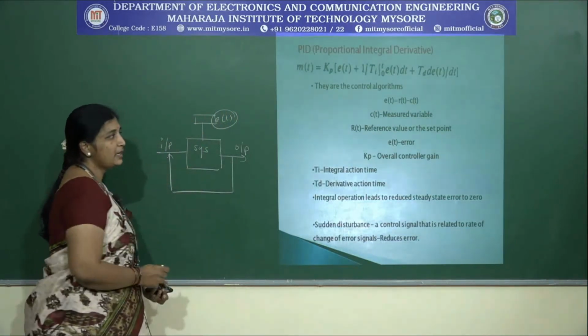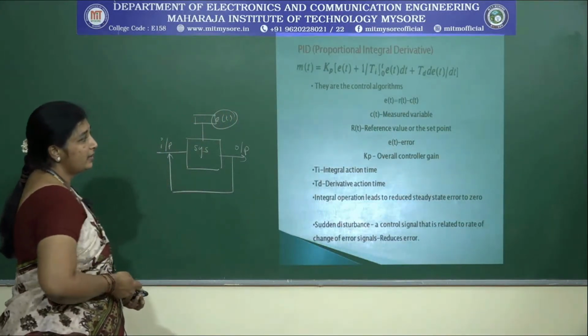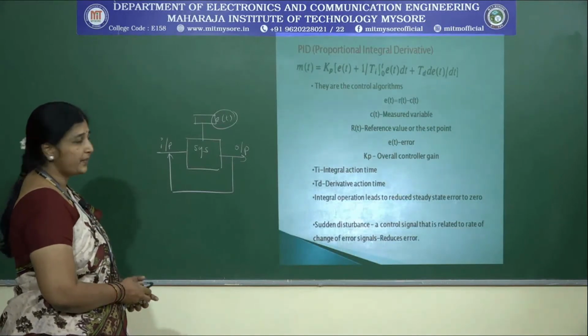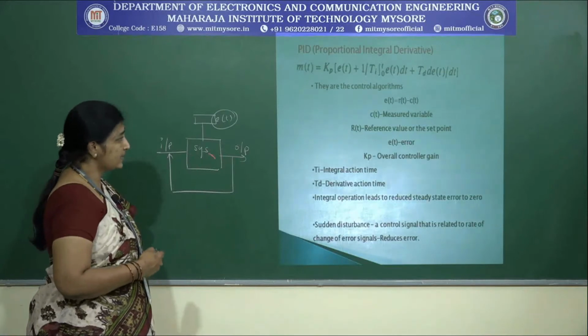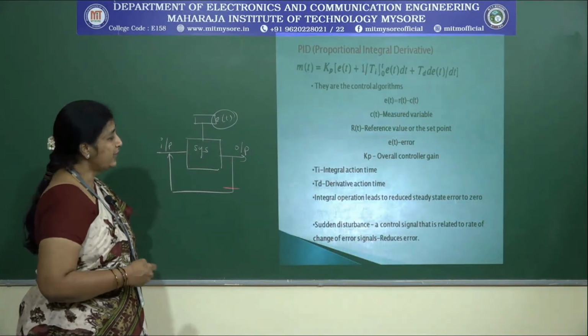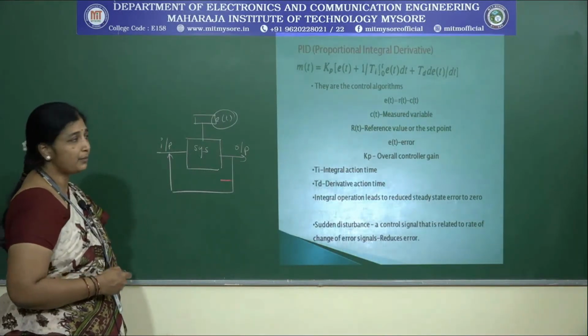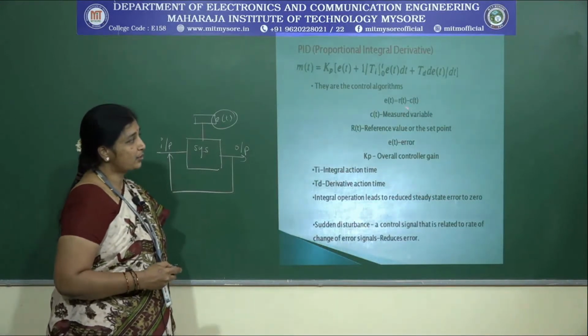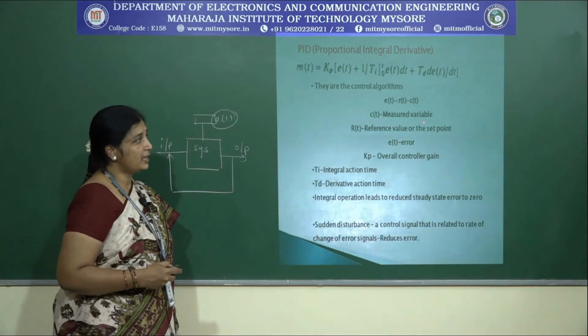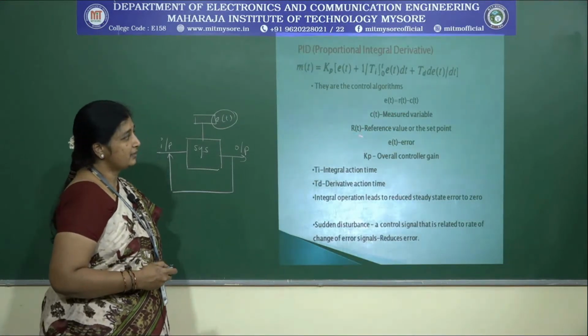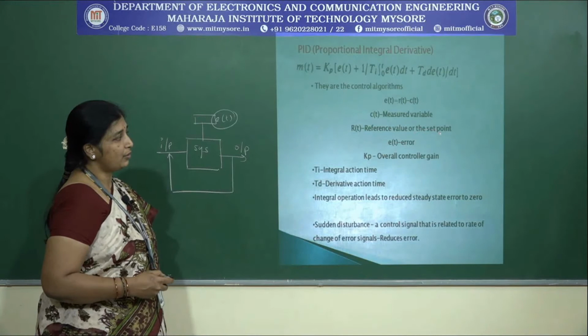So now I have to calculate what this E of t is. E of t is mainly based on your R of t. R of t is nothing but the output of the system, and when it is fed back to the input, you have C of t. So the error is the measured value compared to the reference value of the set point.